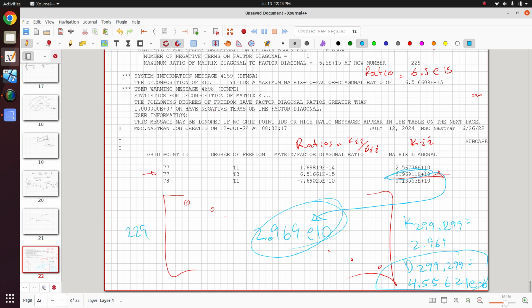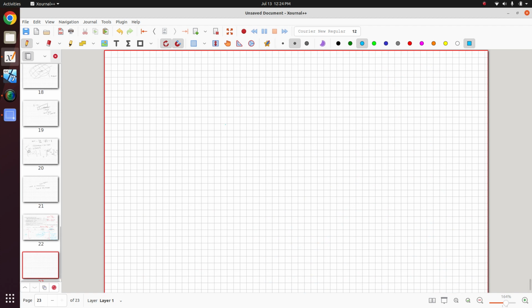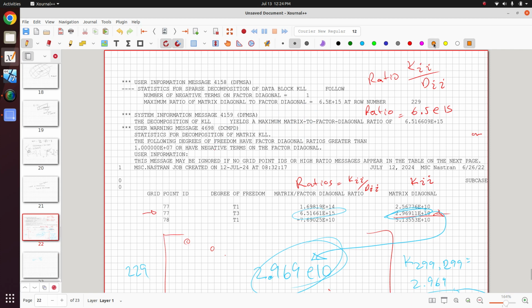And remember, we just took those two values and did the following arithmetic. So remember, the ratio is equal to KII over DII. So what did we do in this case? We knew what the ratio is. We knew what KII is. So here, let me do this in orange again. This is my KII, and then these are my ratios.